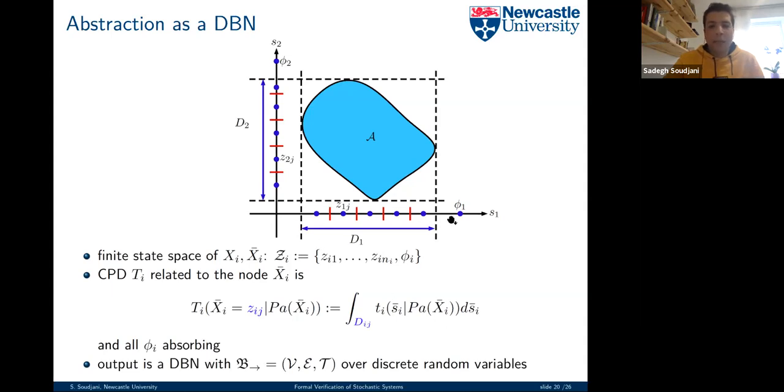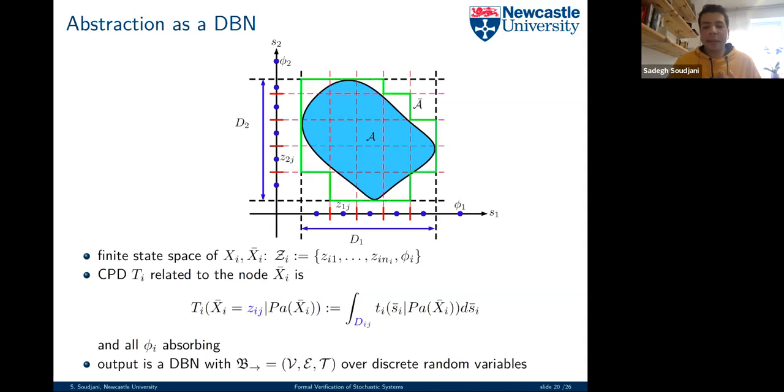And we also make all these dummy states absorbing. So it's very similar to Markov chain abstraction, but it's done for each coordinate, each axis, independently. And the output becomes a DBN with discrete random variables.